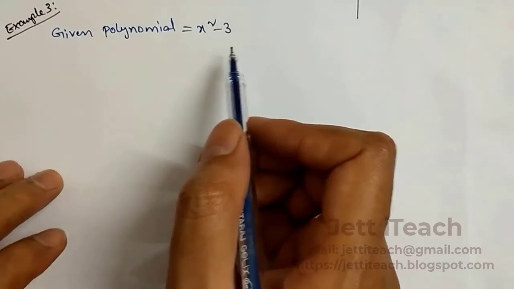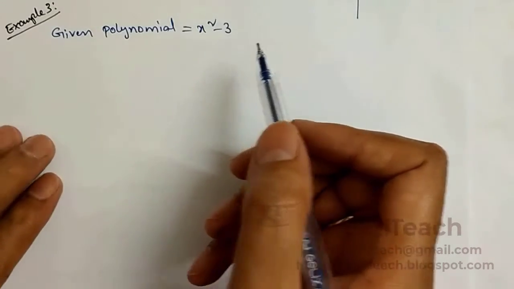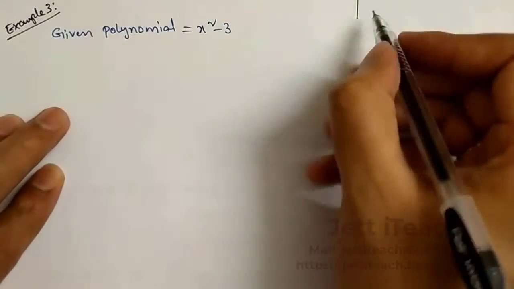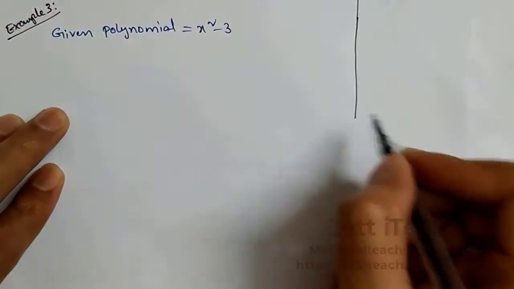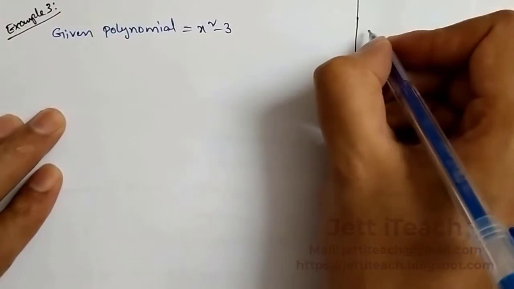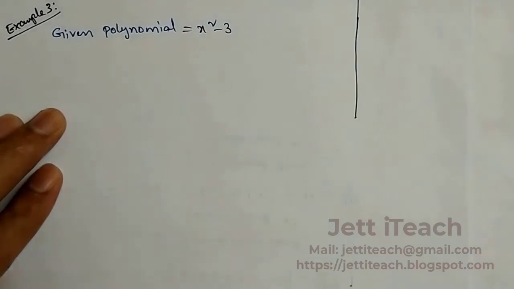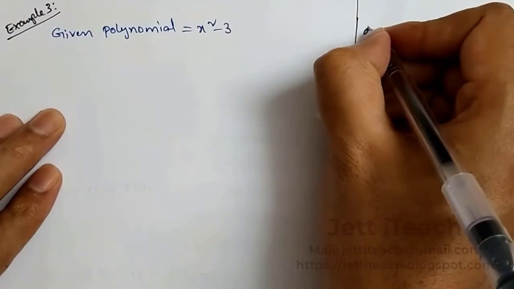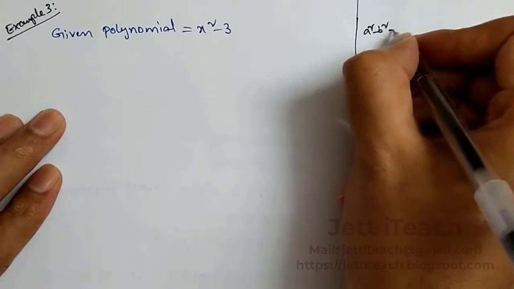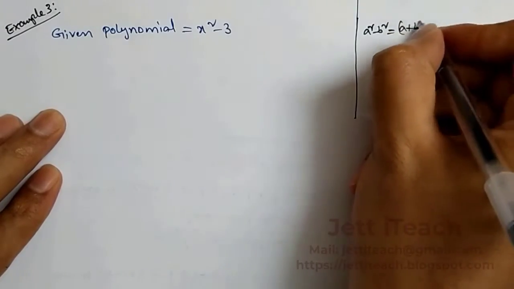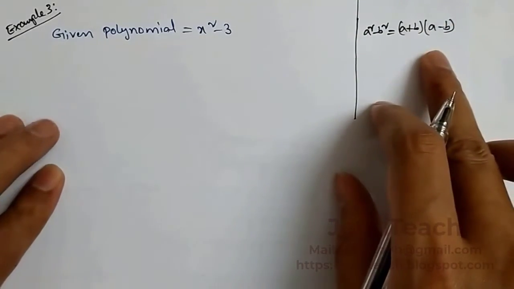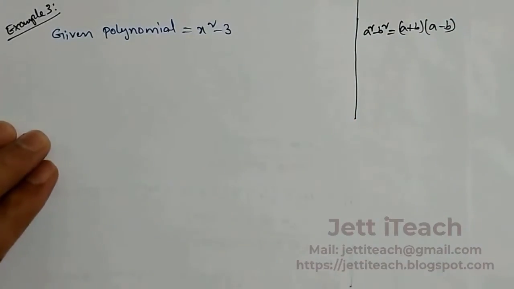If there is no x term, you can use a different formula to solve this one. I will write the formula. It is very familiar and you will know this formula for sure. a square minus b square equal to a plus b into a minus b. This formula everyone will know.